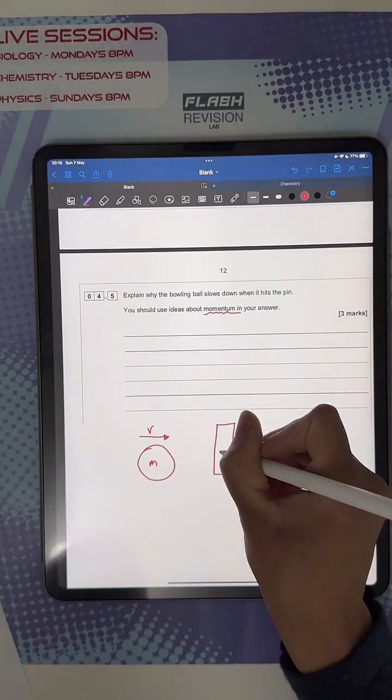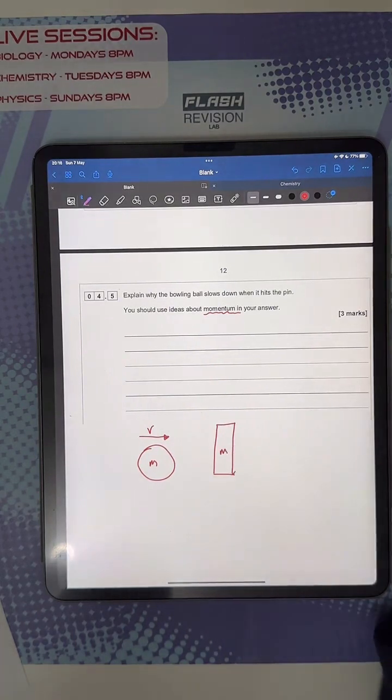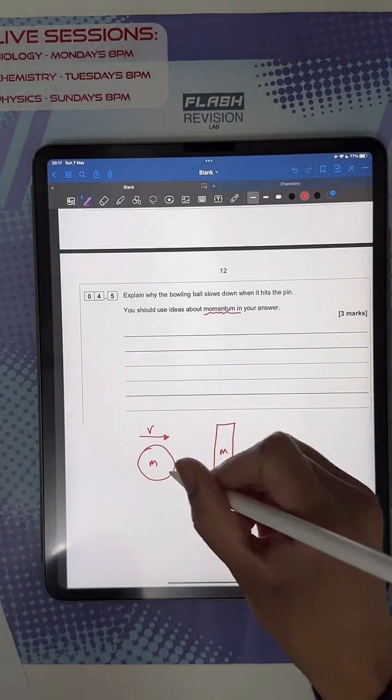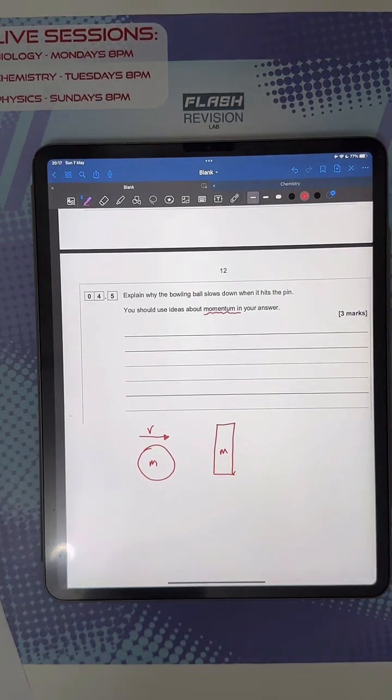The pin has a mass, but it doesn't have a velocity at the start, because it's just staying still, isn't it? But then the bowling ball comes in and hits the pin. So what's going to happen? Why does the bowling ball slow down? Why does that affect the bowling ball if it hits the pin?